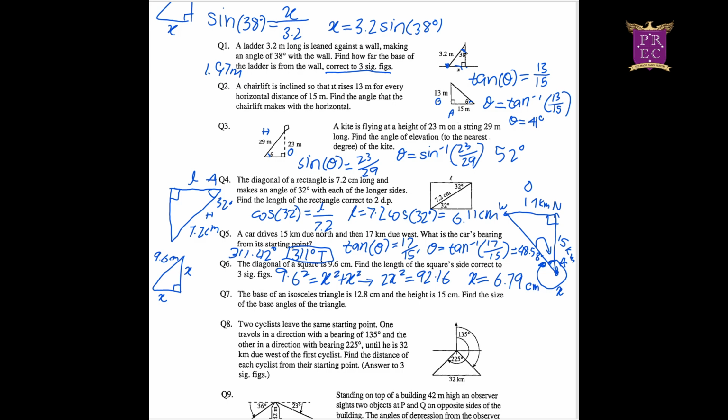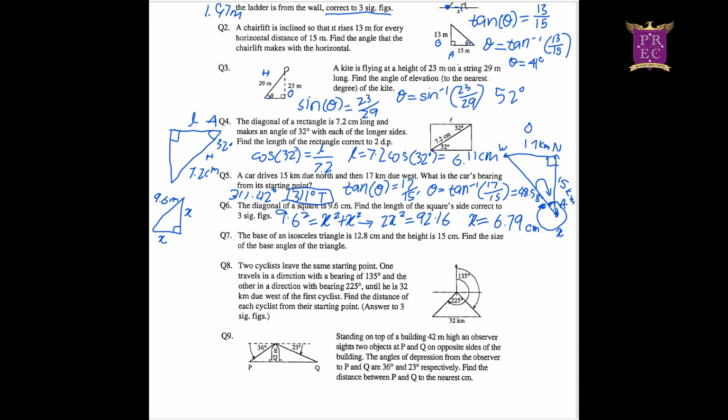Alrighty, next one. The base of an isosceles triangle is 12.8 centimeters, and the height is 15 centimeters. The height is 15 centimeters. The base is 12.8. What are they asking?